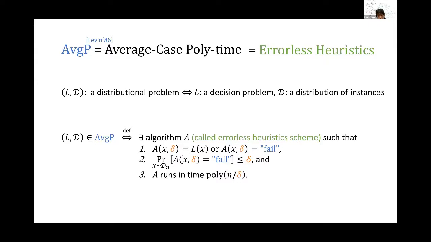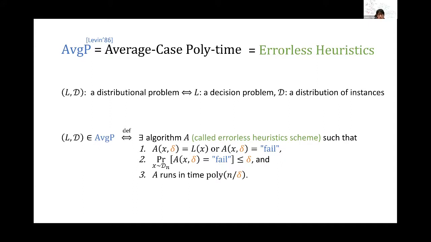An LRS heuristic scheme satisfies the following three conditions. Firstly, we require that the algorithm outputs the correct answer, or otherwise the algorithm outputs a special symbol failure, indicating failure. Secondly, we require that the algorithm fails with probability at most delta, where delta is a parameter given to the algorithm.